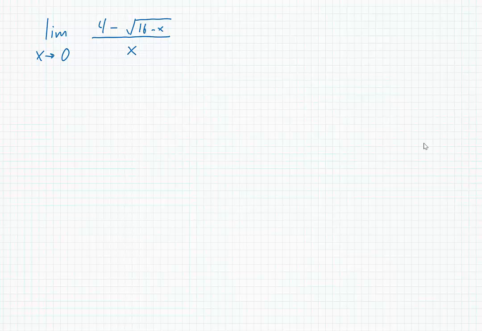But we can rationalize the numerator here by multiplying top and bottom of this fraction by the conjugate of the expression that we see in the top. So we're going to multiply by 4 plus the square root of 16 minus x in the top, and by 4 plus the square root of 16 minus x in the bottom.